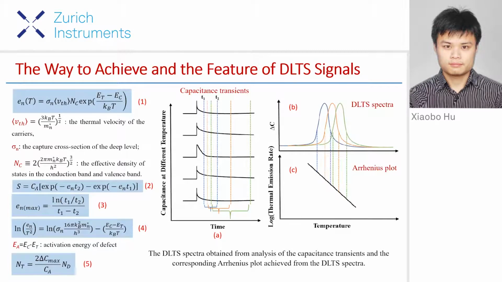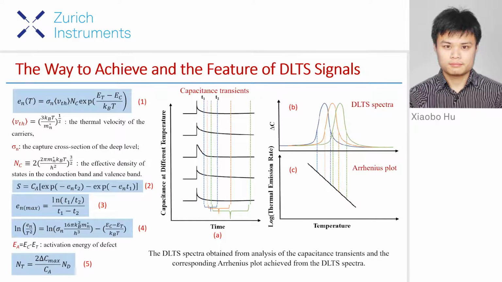Since the electron emission rate is strongly related to the temperature, it is easy to observe the different capacitance transients with the help of temperature scanning. As presented in this figure, there are a series of capacitance transients for minority carrier traps at various temperatures.